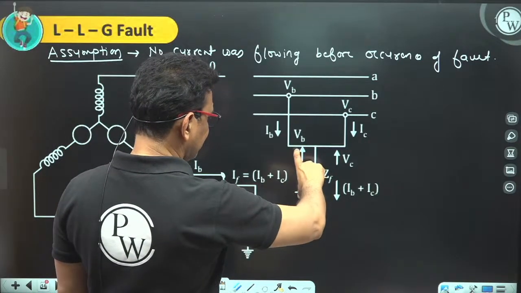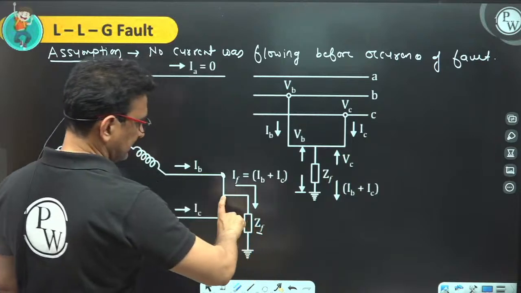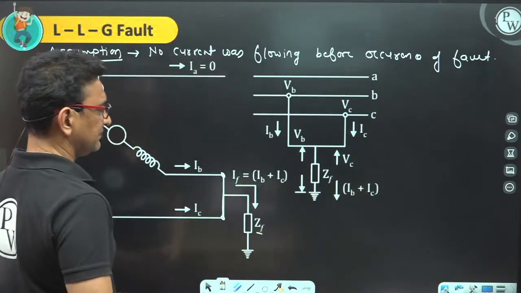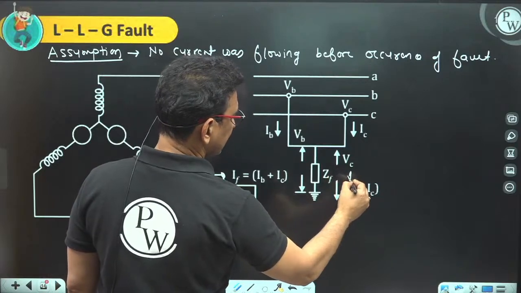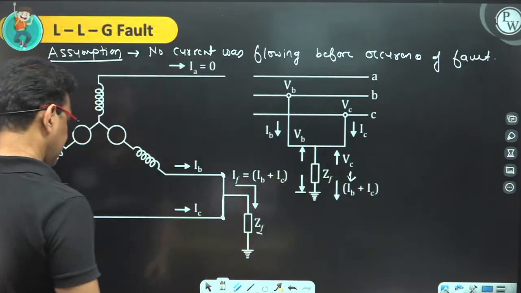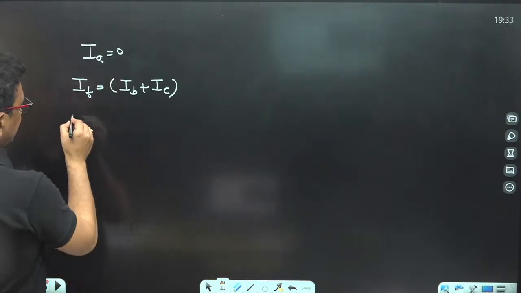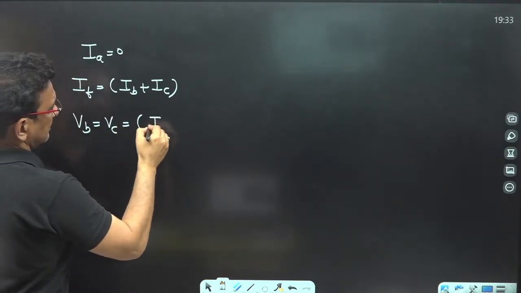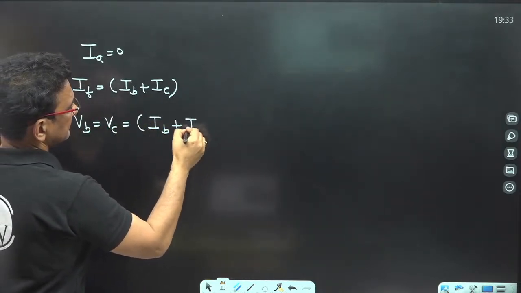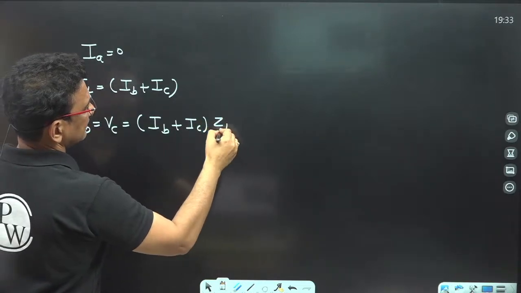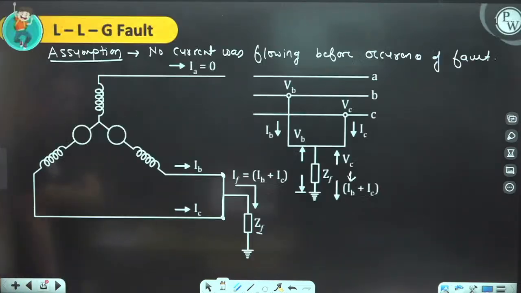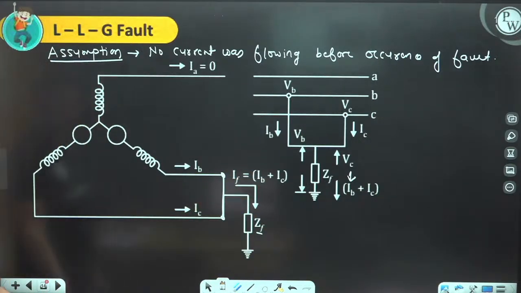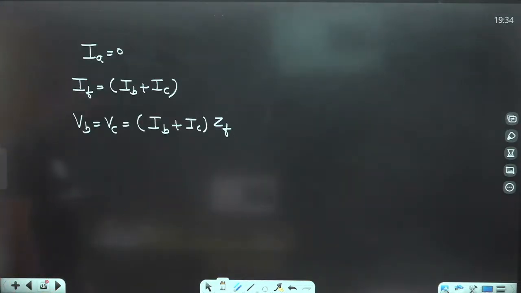And the value of VB and VC is nothing but IB plus IC into ZF, because the current through the fault impedance is IB plus IC.